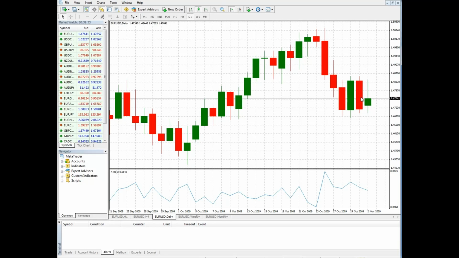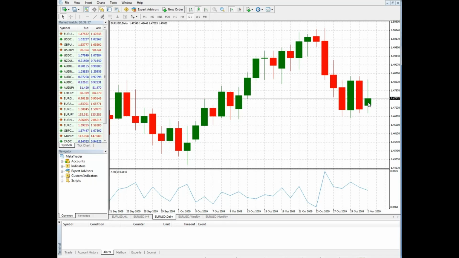So this bar right here in particular would be an inside bar. And the way it's looking, this bar today on my chart is looking like an inside bar so far, but the day's not over yet, so it can go either way.